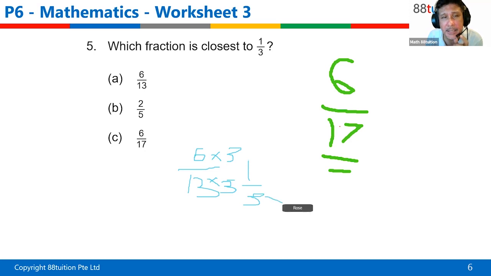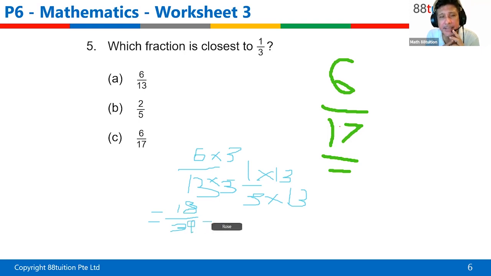Okay, I can see Rose working on the 6 out of 13 in A. What she's doing is multiplying by 3 out of 3, and then 1/3, she's going to multiply by 13 out of 13. So she's going to make the two denominators the same, and therefore, with the denominators the same, she will be able to subtract.